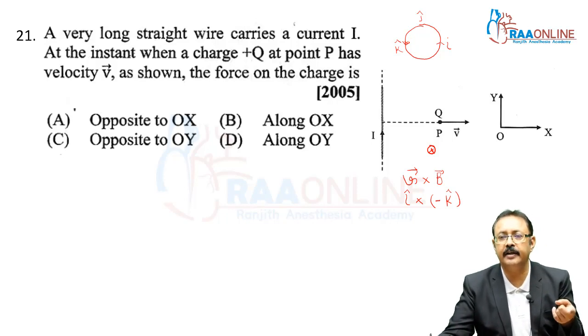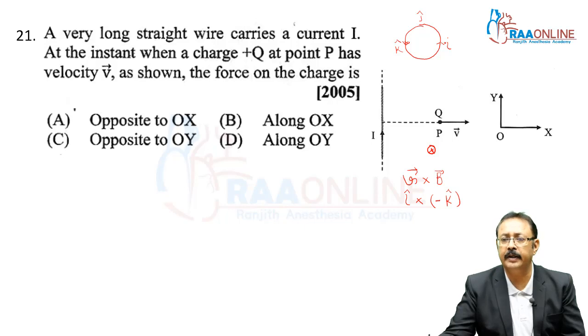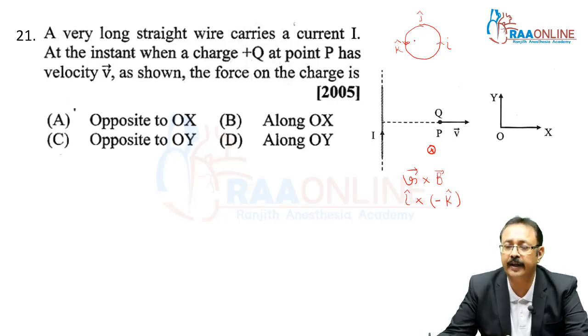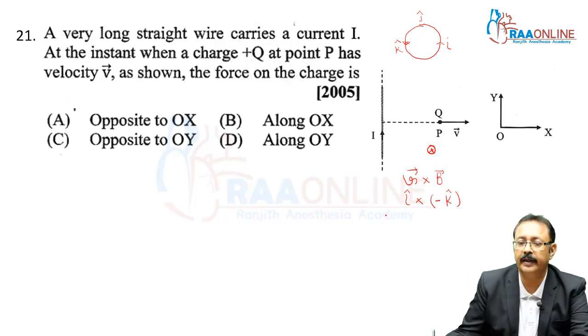But if the direction is reversed, it will give the negative of the third. It means i cross j is k, j cross k is i, k cross i is j. But if you move in the opposite direction, i cross k is minus j, k cross j is minus i, j cross i is minus k. So i cross k will give you minus j.